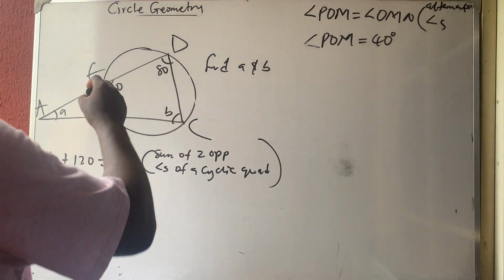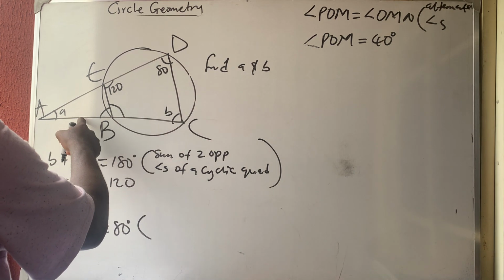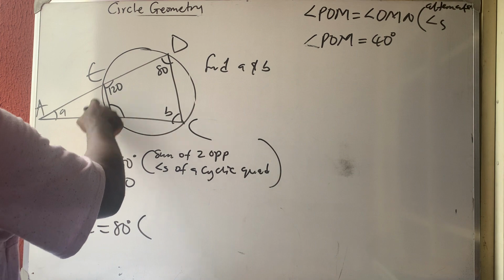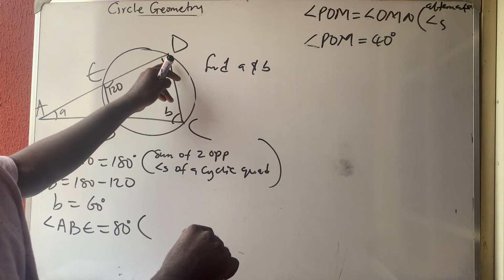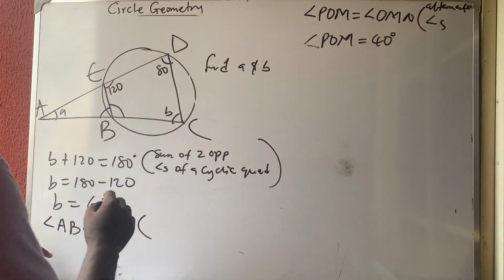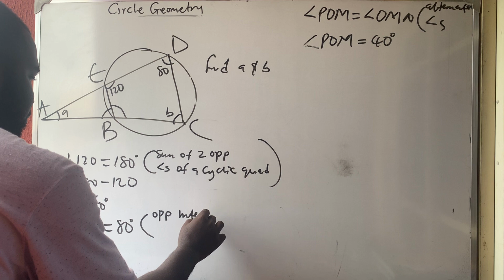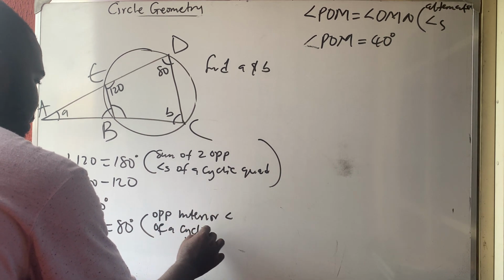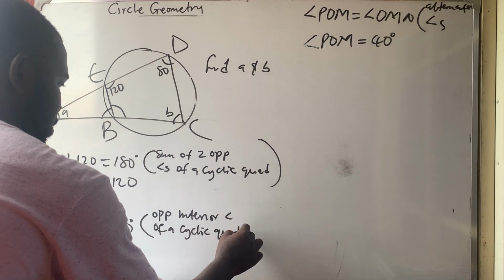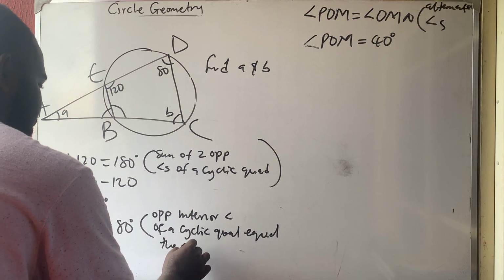Either you say opposite angle of a cyclic quadrilateral before you get here using angle on a straight line, but I want to get it straight, and it is called: opposite interior angle of a cyclic quadrilateral equals the exterior angle.